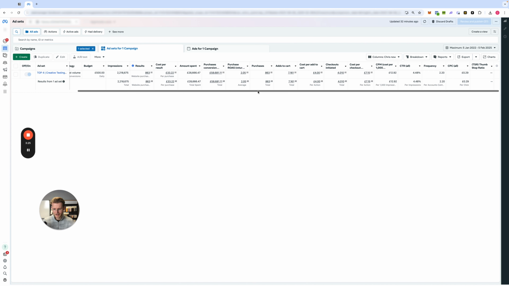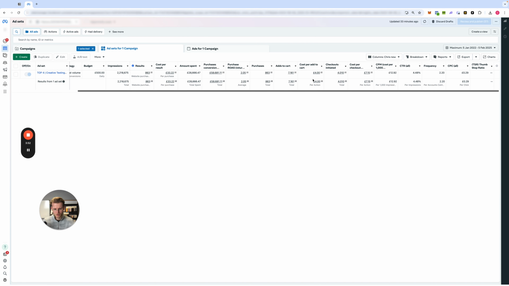You can add as many metrics as you want. You can cloud all of your judgments, but at the end of the day, we want to simplify it, have the metrics there which are ultimately telling us what's wrong with the ads. But if we're not getting any sales and we can't literally dissect what's going on here, then we can add these metrics here.